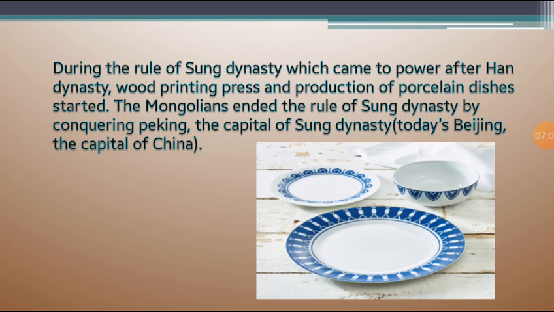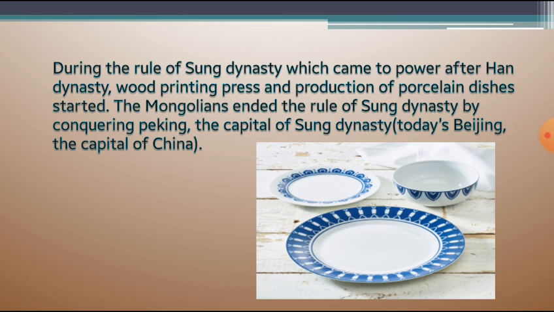During the rule of the Song dynasty, which came to power after the Han dynasty, the wood printing press and production of porcelain dishes started. The Mongolians ended the rule of the Song dynasty by conquering Peking, the capital of the Song dynasty, today's Beijing, the capital of China. We can see a lot of creativity in China. We can see different types of art and literature, and art made on wood and also on glass.